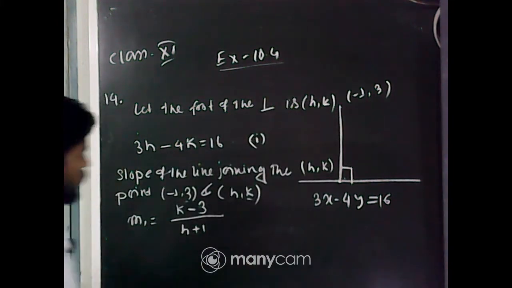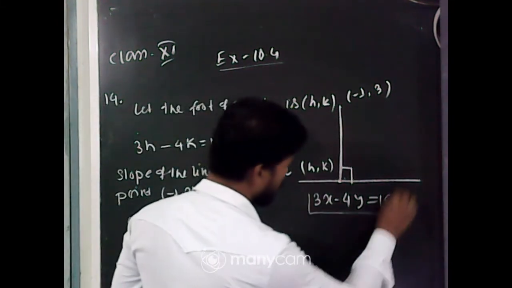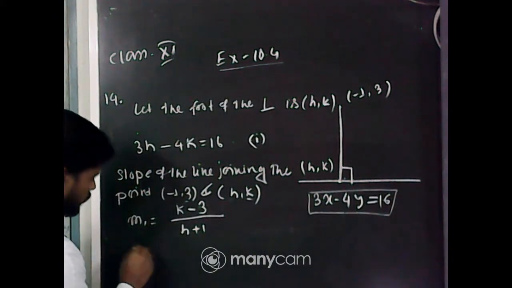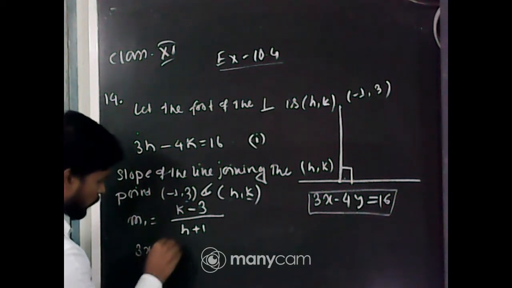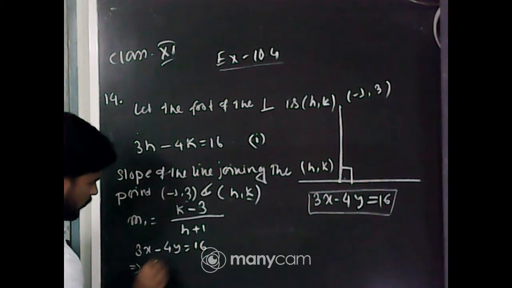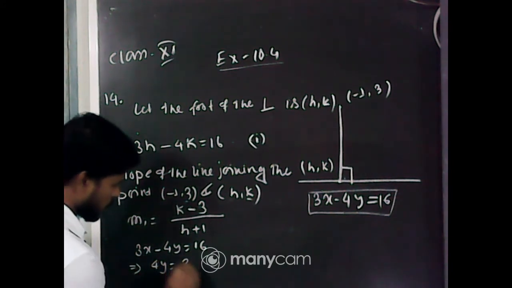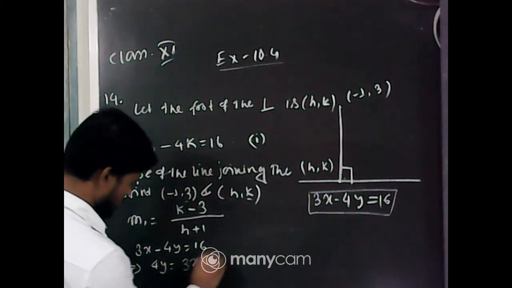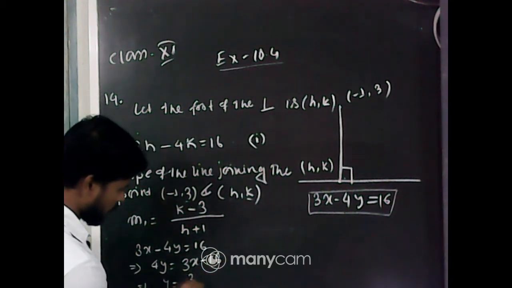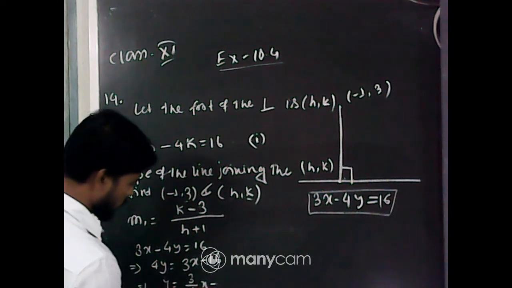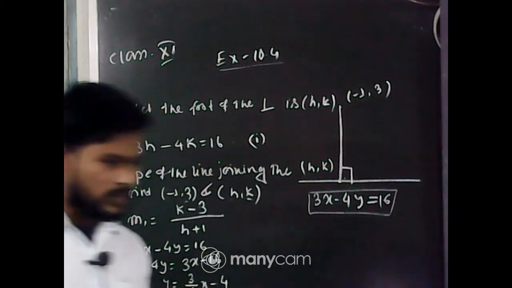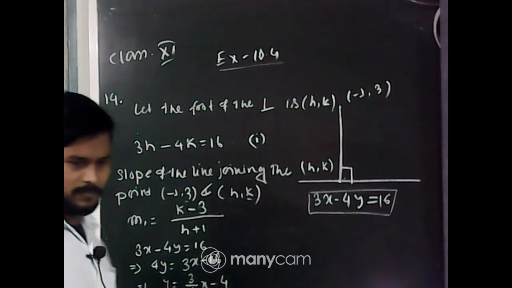Okay, and we will also have to find the slope of this other line. Given that the equation of this line is 3x minus 4y is equal to 16, which means 4y is equal to 3x minus 16. That means y equal to 3 by 4 x minus 4. From this equation, can you tell me what will be the slope of the line?